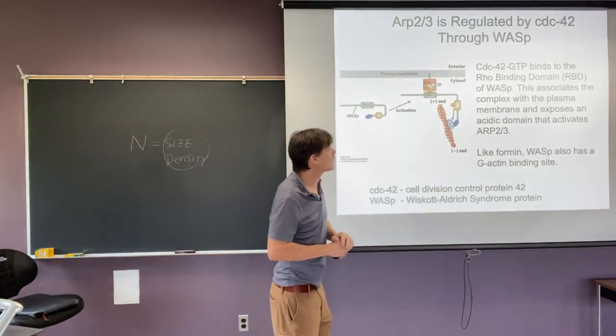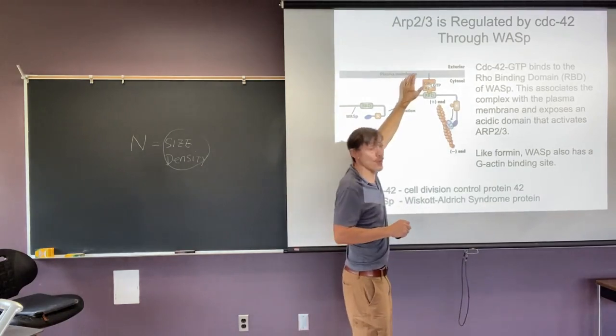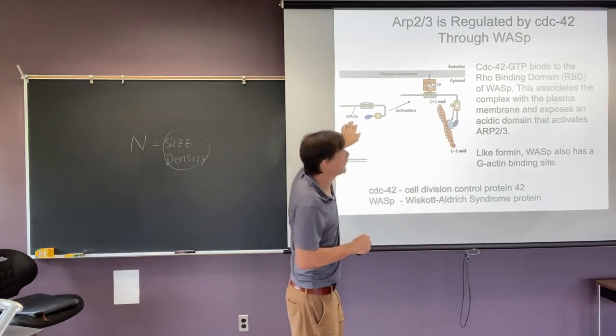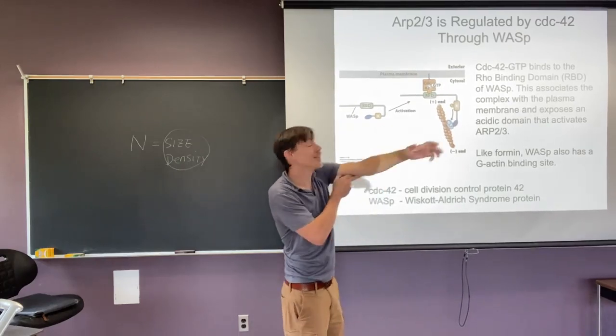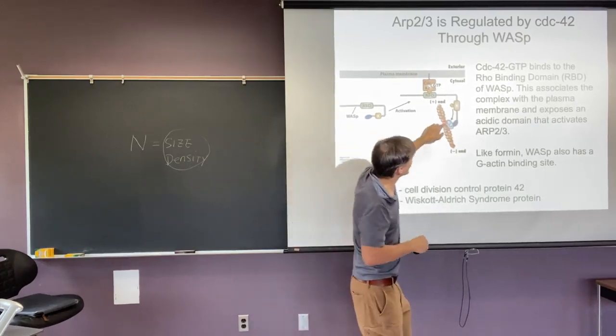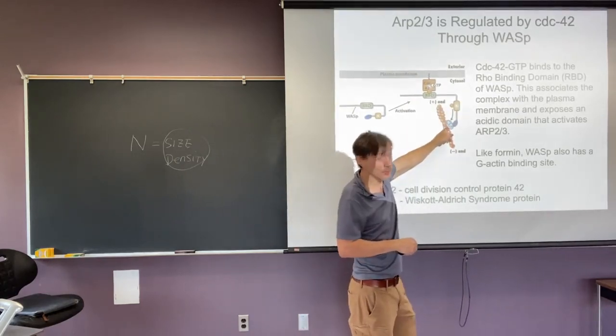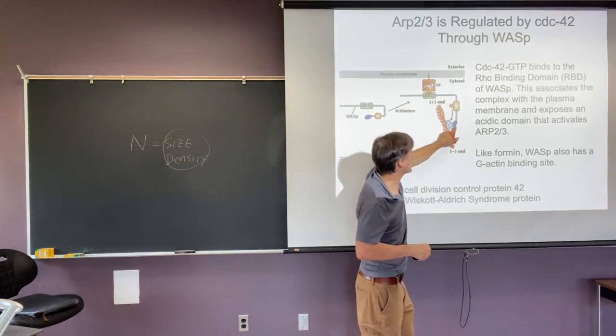Here we have a case where CDC42, another Rho family GTPase, binds to a different protein, in this case WASP. It opens it up. And then there are also domains here that facilitate actin nucleation, and then that target this to the ARC2/3.